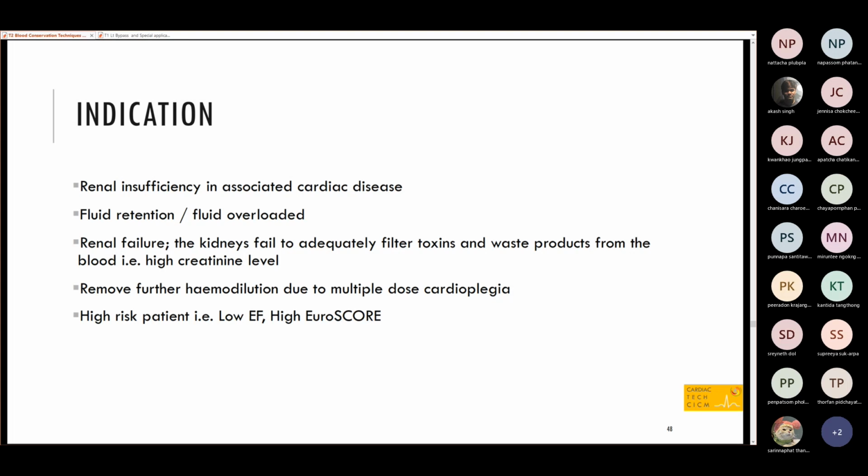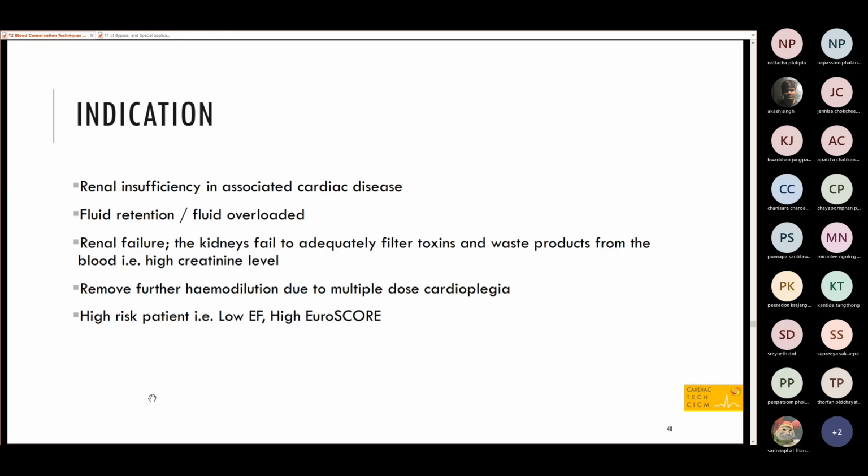All right. Also, it can be helpful for hemodilution during the procedure. So if there are a lot of excessive fluids, it can be let out. And some studies say that it can preserve the EF and high EuroSCORE patients, but this is not confirmed because there are many factors.